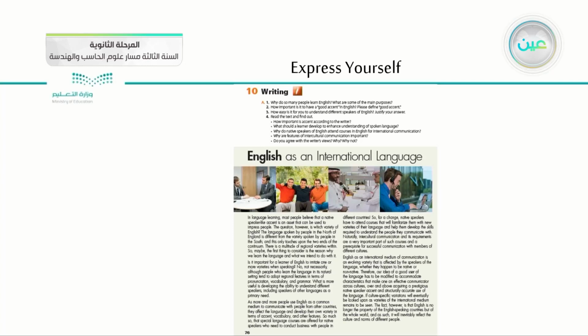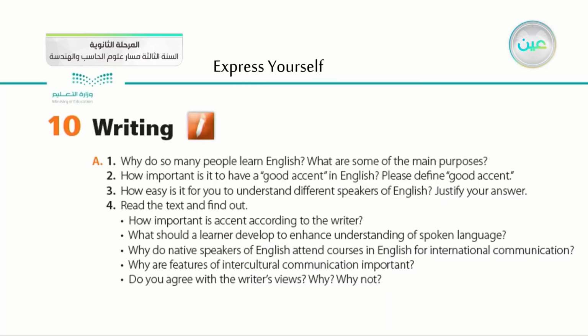Okay, we're going to read an essay together, but before we start reading the essay, let's take a look at the questions before this essay. We have 4 questions. Why do so many people learn English? What are some of the main purposes? Number 2, how important is it to have a good accent in English?